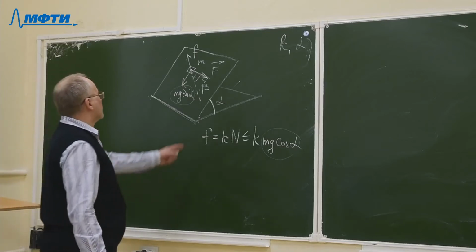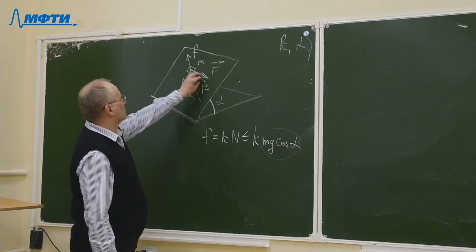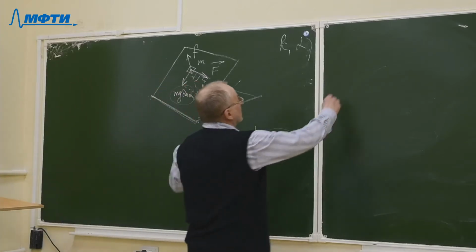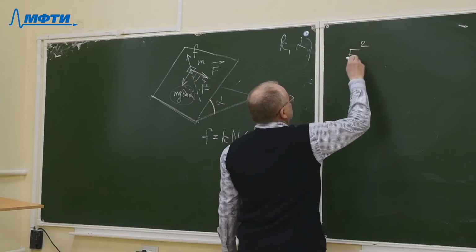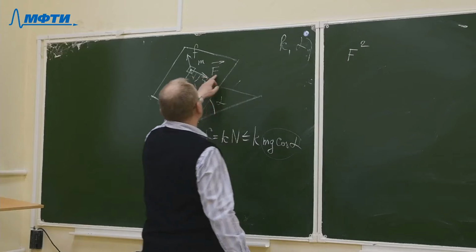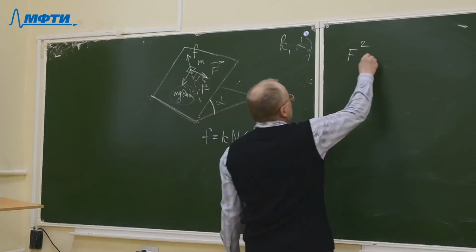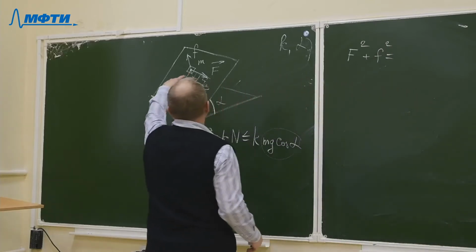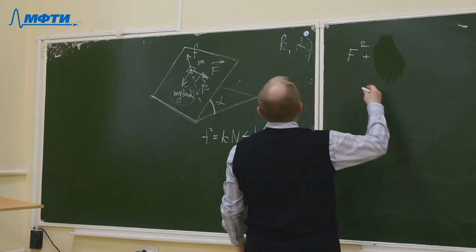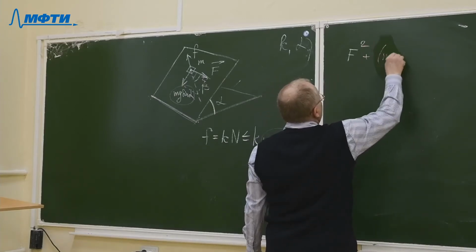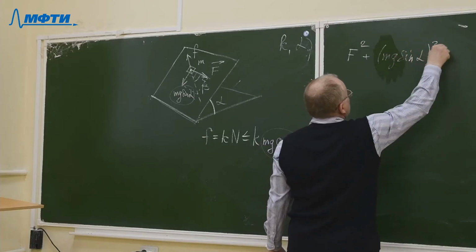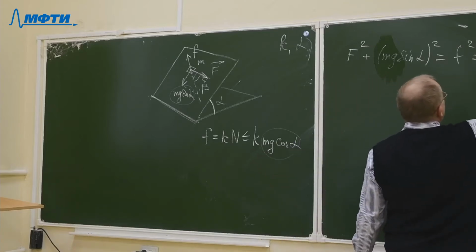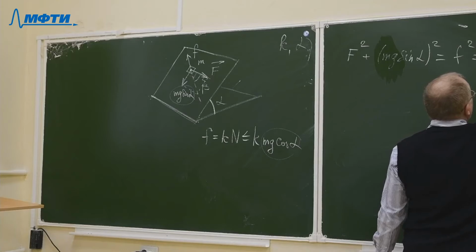We know that the triangles involved are right triangles, both this one and this one. So we can write, according to the Pythagorean theorem, F squared, this is not the vector, this is the magnitude of vector F, plus the force of friction squared, plus this other side of the right triangle, mg sine alpha squared, must be equal to the force of friction squared, which is known, it's kmg cosine alpha squared.